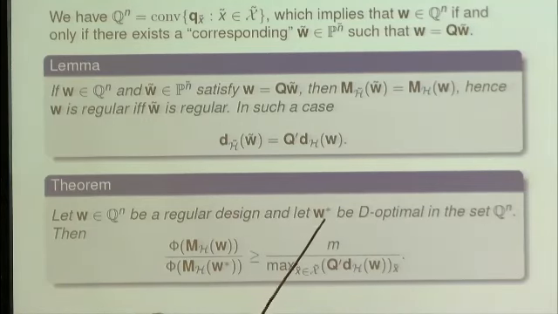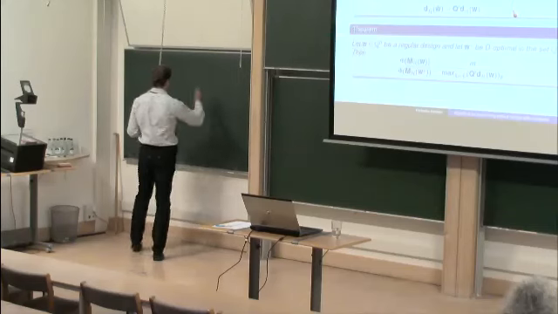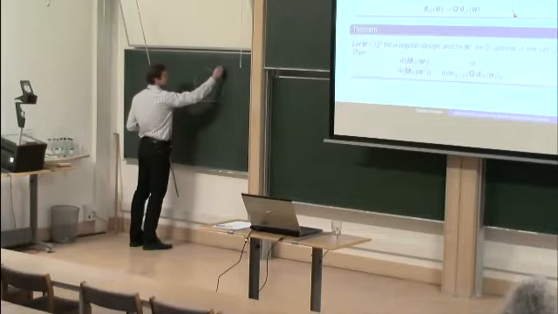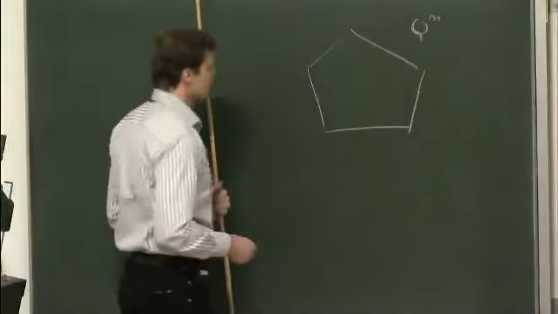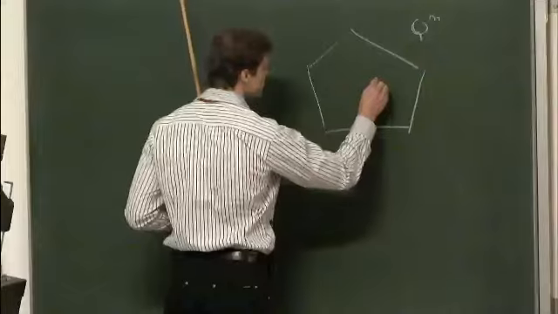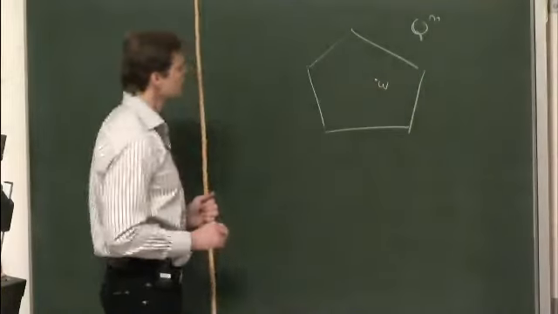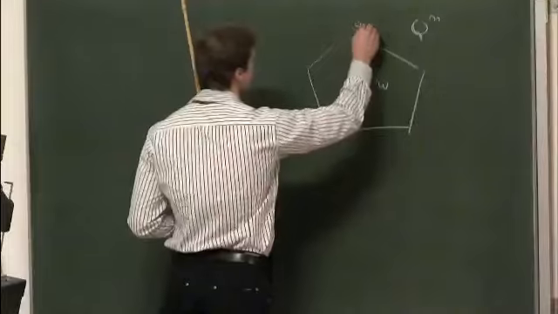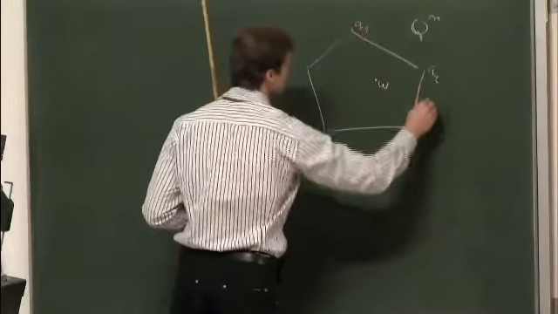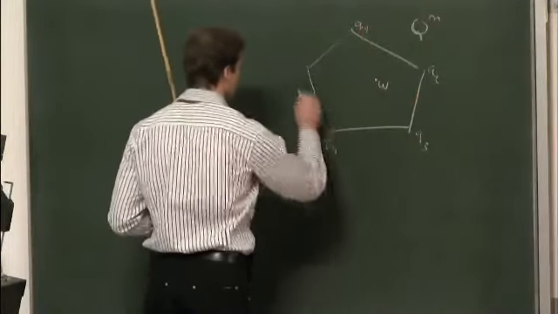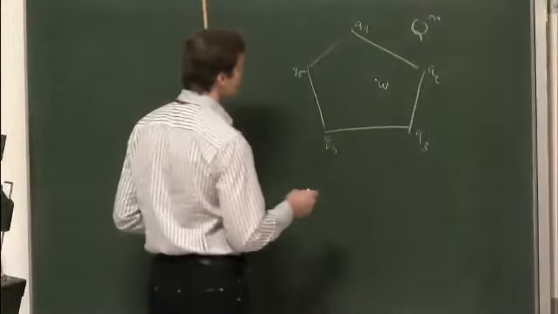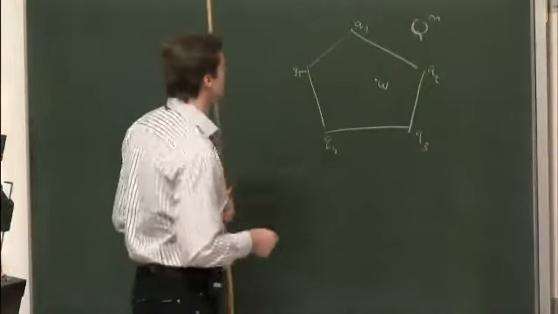Perhaps I should draw a picture, there will be some picture in the sequel, but let's say that our constraint set is like this, and we have some design W in this constraint set. And these are extreme vectors, Q1, Q2, Q3, Q4, Q5. So what is the relation between W and W tilde?